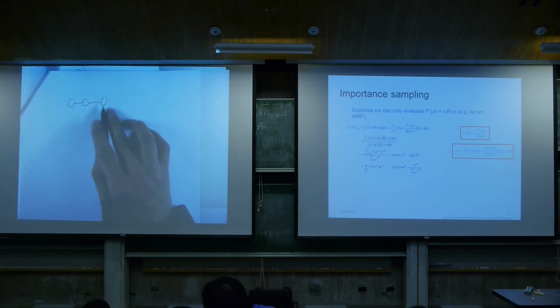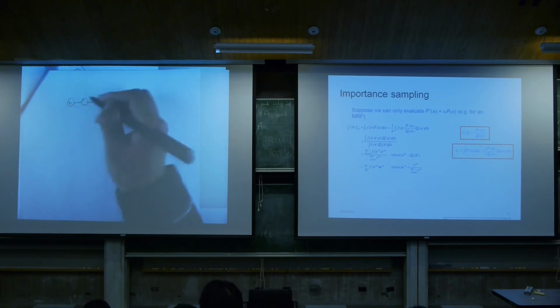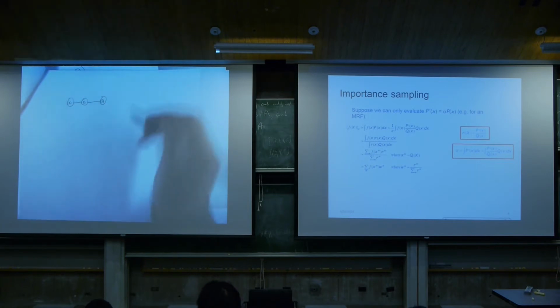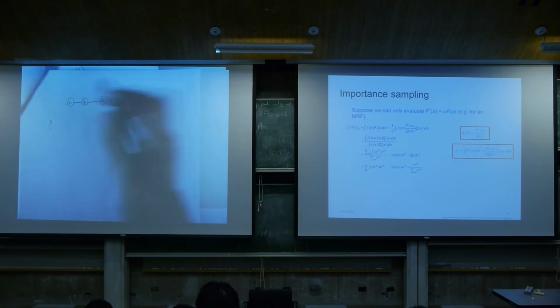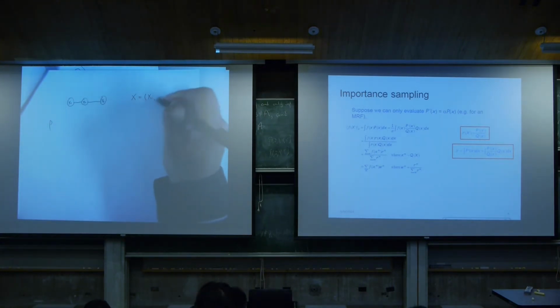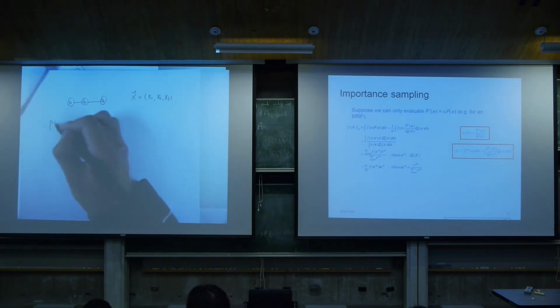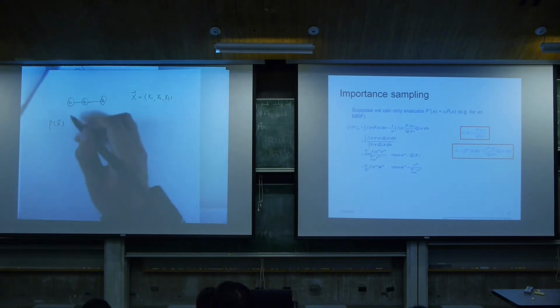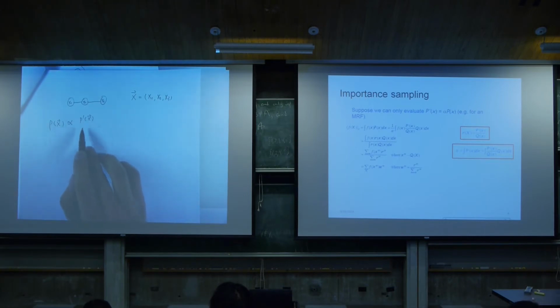So let's say this is a graphical model containing 3 random variables, x1, x2, and x3. And let's use x to denote x1, x2, and x3. And x is a vector. We say p(x) of the vector, the probability of the 3 variables, is proportional to some function you defined, let's say p'(x). And this function can be any positive function.